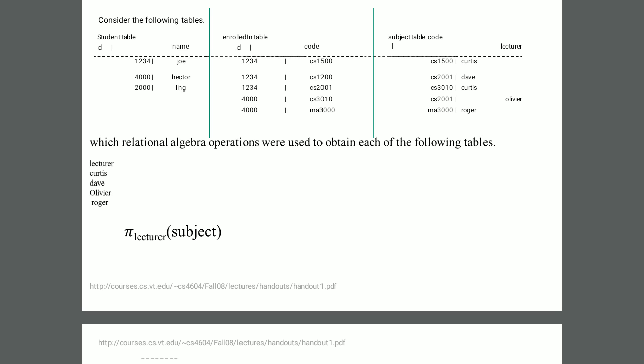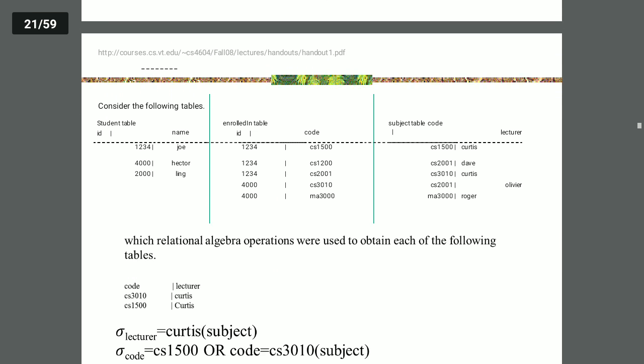As we need all the records, we need the entire column. So pi lecturer, and in brackets the subject table. This is how you can show the entire column by using the pi operation.